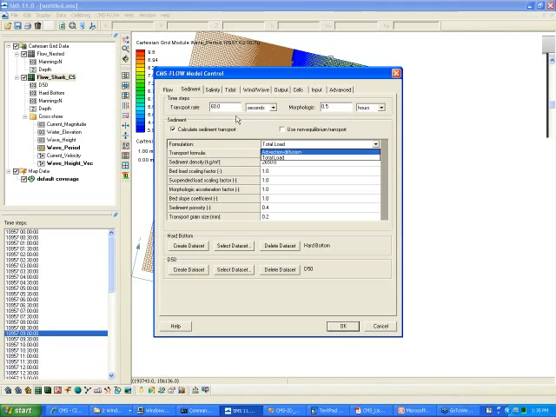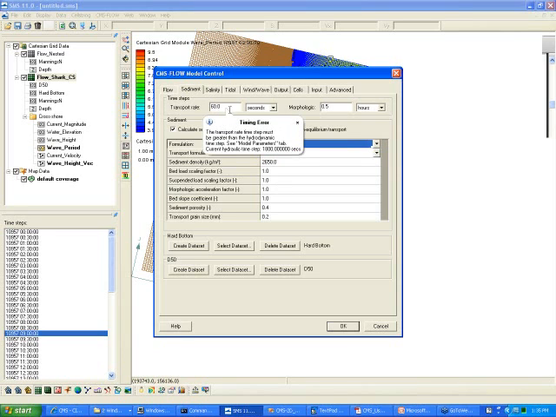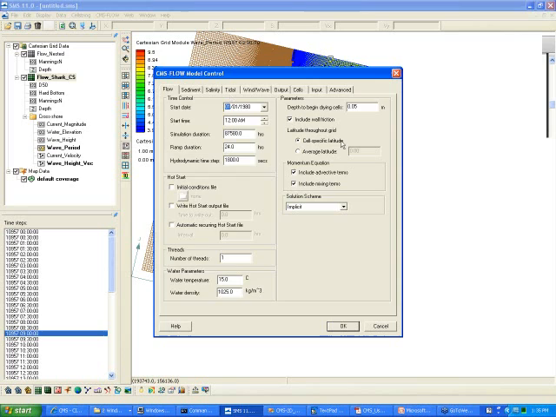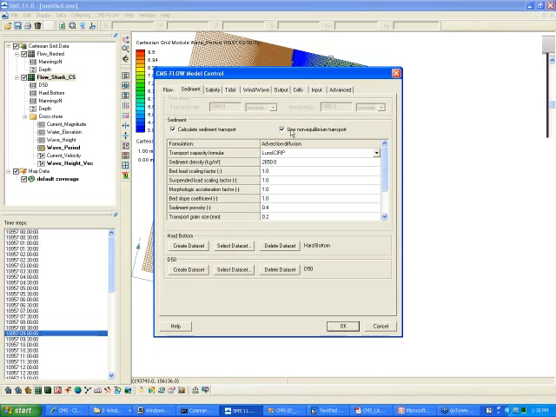And so when you select the implicit scheme, it's giving me errors about the time step. This is annoying. When you select the implicit solution scheme, you can only use the non-equilibrium total load model.